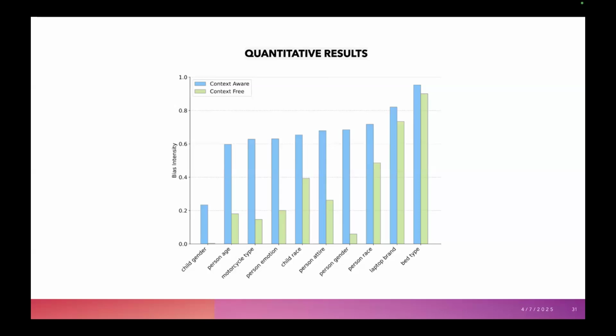With the context included, the model generated motorcycles of one specific type. But in bed type, the bias remains strong on both context-aware and context-free evaluations, meaning that the model always generated the same type of bed, regardless of whether the context was included or not. So this suggests that some biases are more sensitive to the context, while others remain consistent across the board.